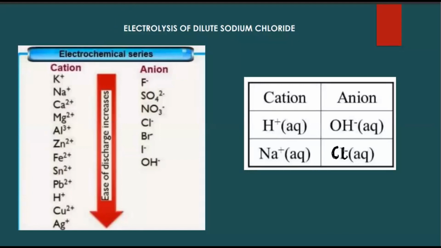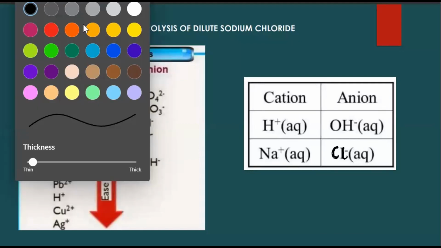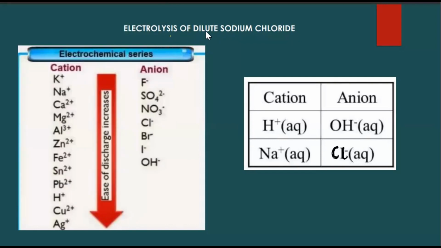The first example is sodium chloride. As I've already told you, there will be rival ions. These are the ions which are part of the electrolyte, sodium ions and chloride ions, and we have the ions which are coming from water, H positive and OH negative.